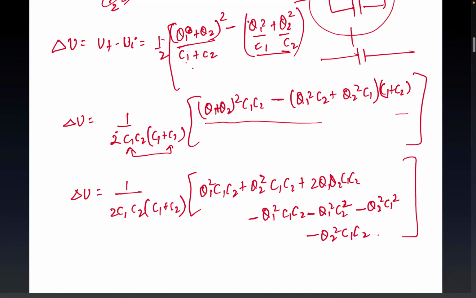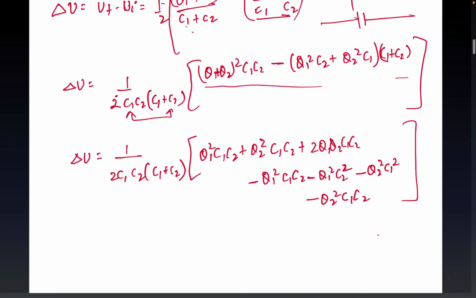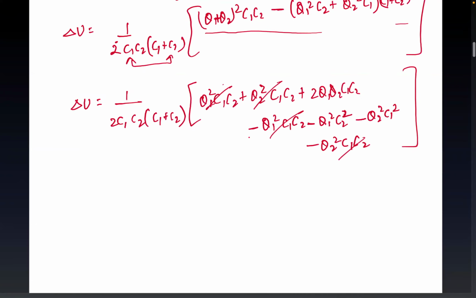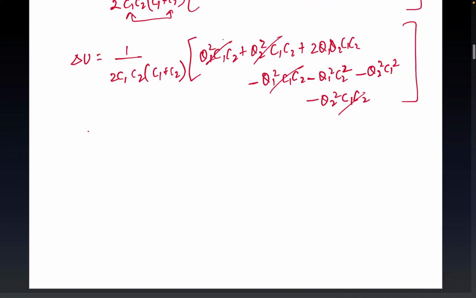Just look at this and let me know, is it clear or not? Clear, right? Yes, sir. If you see carefully, delta U becomes half times C1 C2 over C1 plus C2.